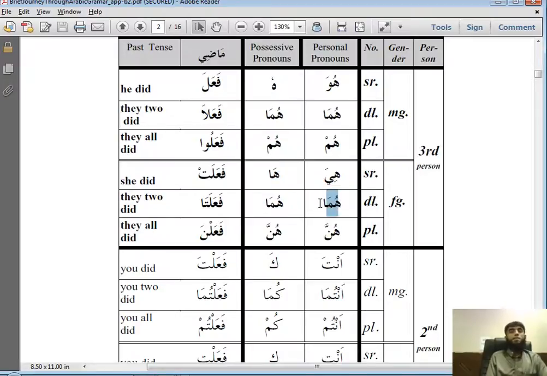Okay, and huma is same as before, so it's used for two males or two females or one male and one female. And hunna is used for more than two females, which means they, and this hunna is for them or theirs.